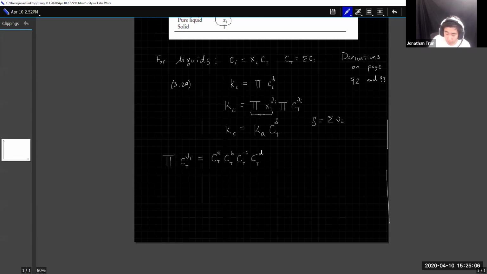So the correct form is going to look like negative A, negative B, positive C, and positive D, which is going to be equal to CT to the delta.